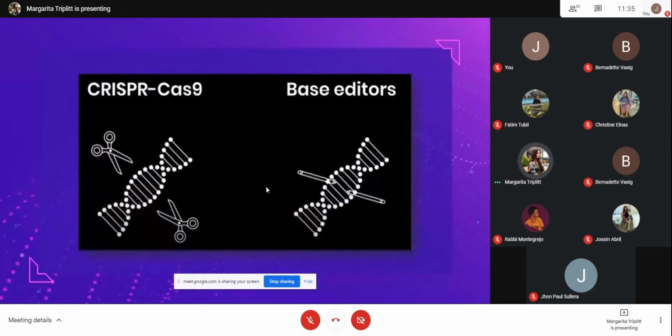The usual CRISPR-Cas9 is somewhat like molecular scissors, but base editing or prime editing is more like a pencil that can directly rewrite one DNA letter into another nucleotide.